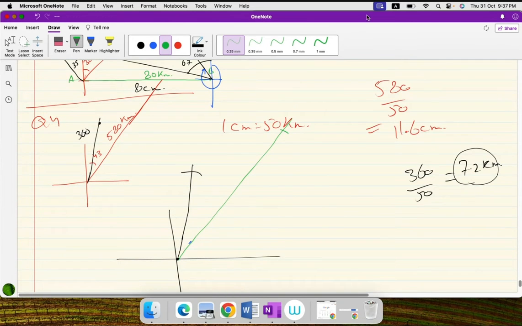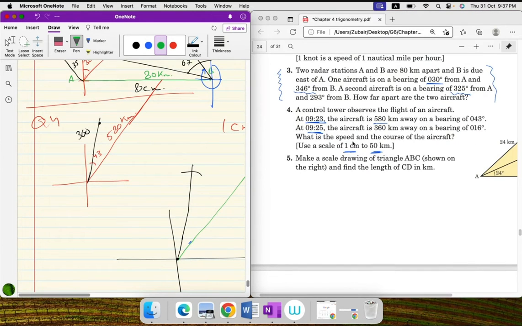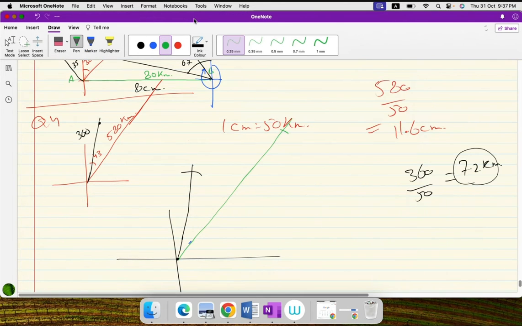The demand of the question was, what is the speed and the course of the aircraft? So speed and course. I will measure this distance now. Let me say this is 8 centimeters. So we know 1 centimeter was 50 kilometers.